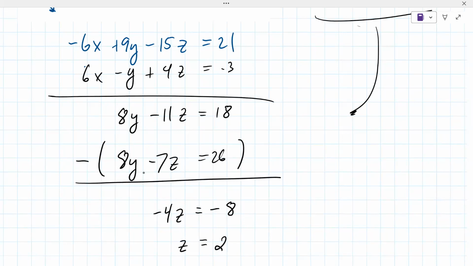So if you follow that, the rest of it's just as important. You've got to be able to back substitute. You've got to be able to put this back into one of these equations. I would probably do the top one.